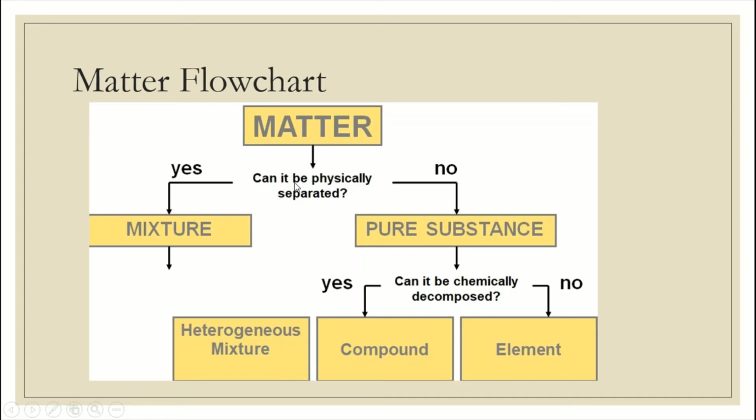And if it can be separated, it's a mixture. If no, you cannot separate, it's a pure substance. Can it be chemically decomposed? If yes, a compound. No, an element. That's it.